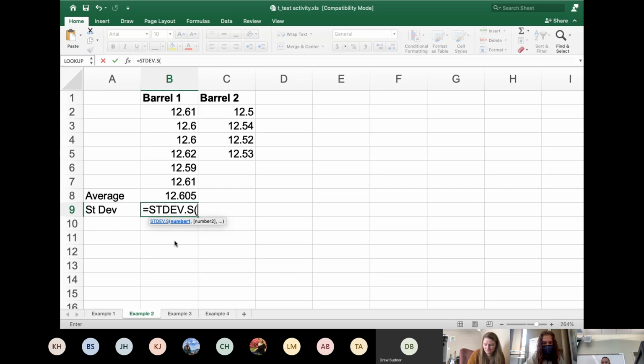And then we can do the same thing for barrel 2, which has an average of 12.52. Subscript 2 plus or minus 0.027.